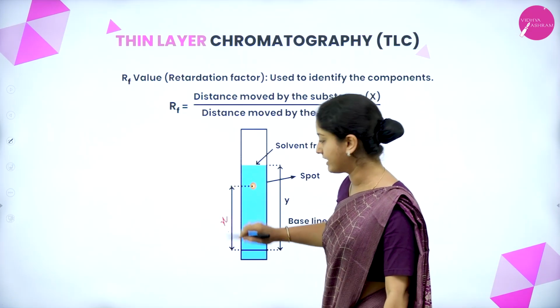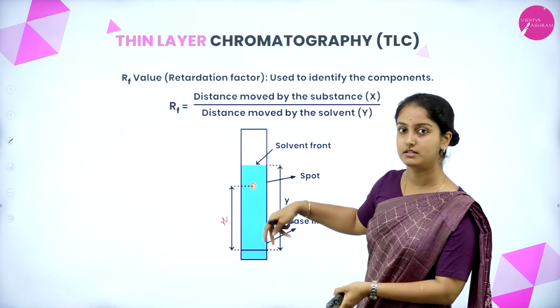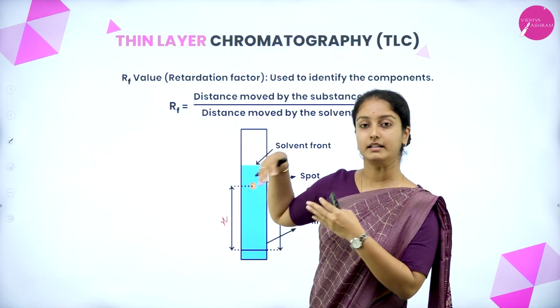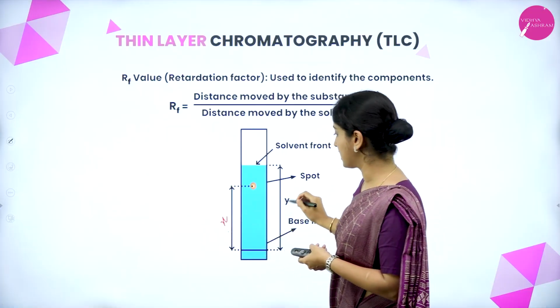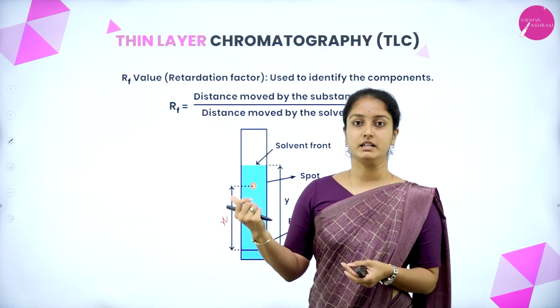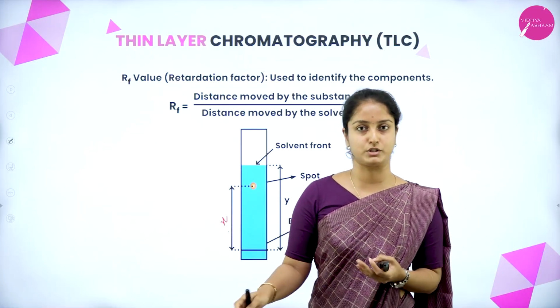So this is X. That is divided by the distance that is travelled by the solvent. This solvent is what has carried the components of a mixture. So that is Y. So this gives the retardation factor which is used to identify the components in a mixture.